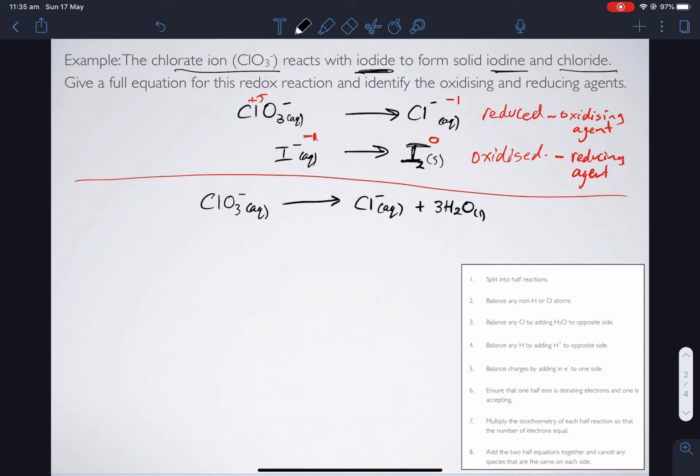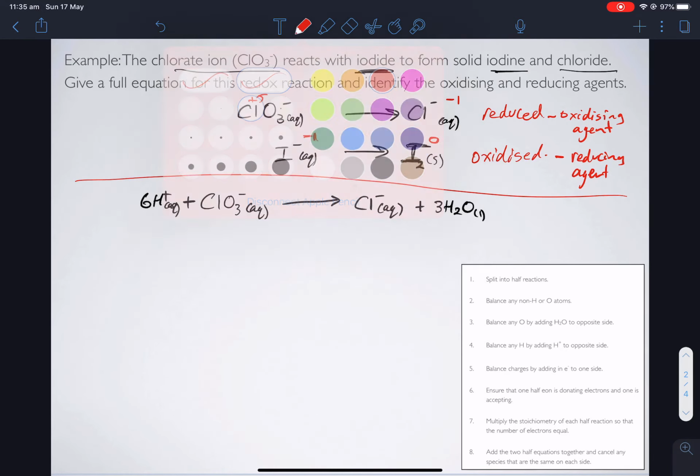Okay, any hydrogens we're now going to balance by adding H pluses to the opposite side. Well, we've just added 3 waters, so we have 6 hydrogens on the right, so we're going to need 6 H plus on the left. Okay, all of our atoms are now balanced. Now we need to balance charges by adding in electrons. So switch to red.